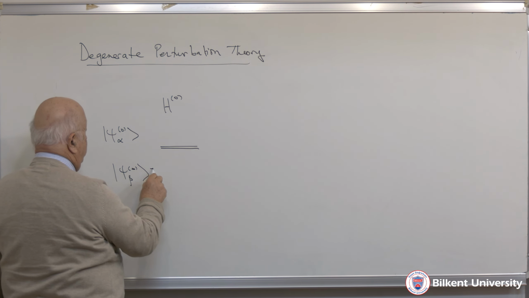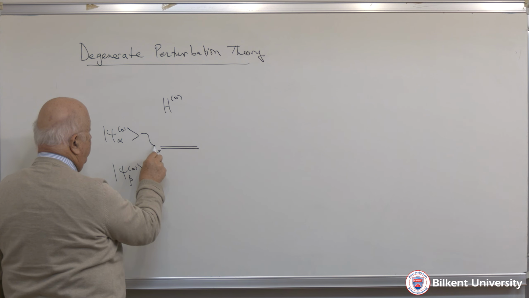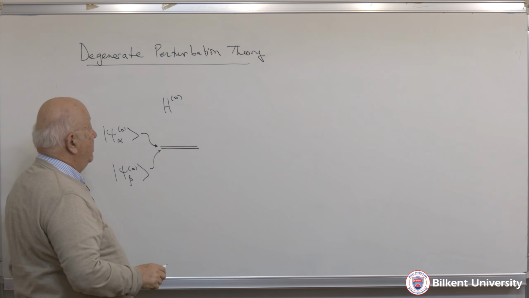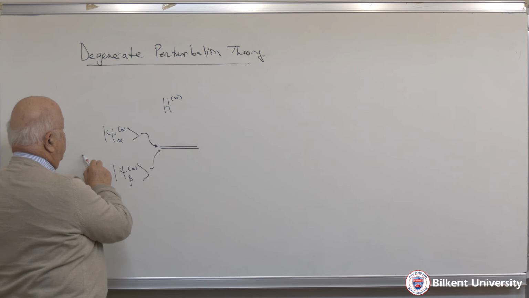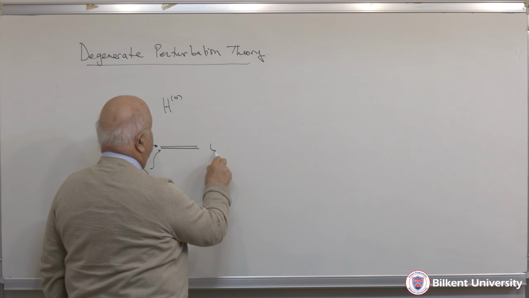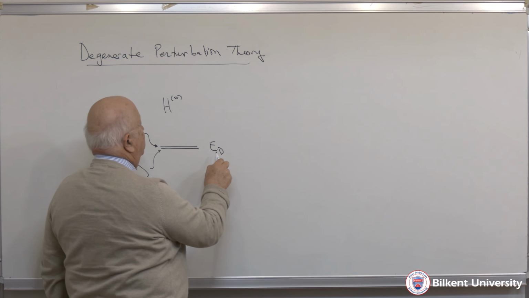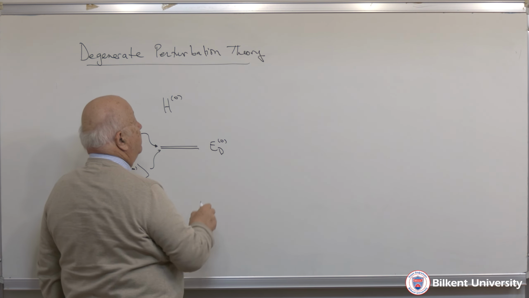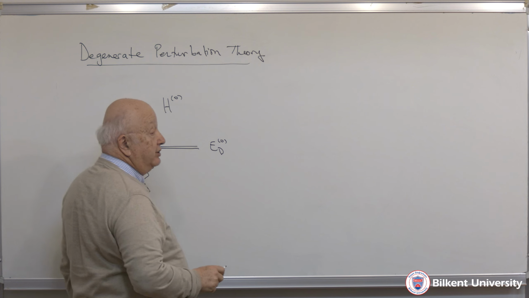So one of them is this state, the other one is that state, and the states have some energy which let me call E_D 0. So they both have this energy.